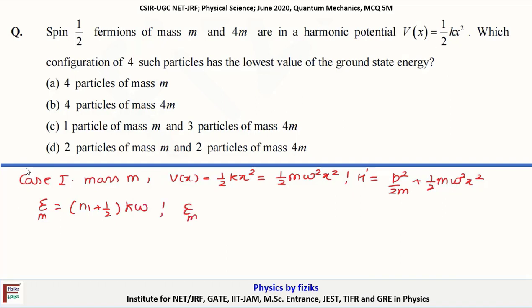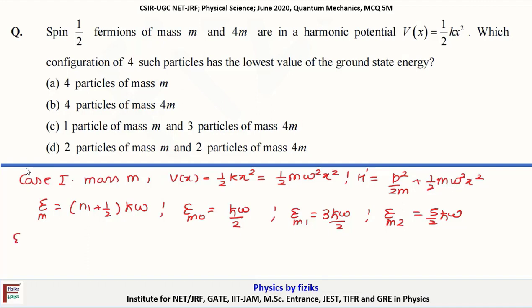So E_m0, the ground state energy for the particle having mass m, is h cross omega by 2. E_m1, the first excited state for the particle of mass m, would be 3 h cross omega by 2, and similarly the second excited state for the mass m would be 5 by 2 h cross omega.